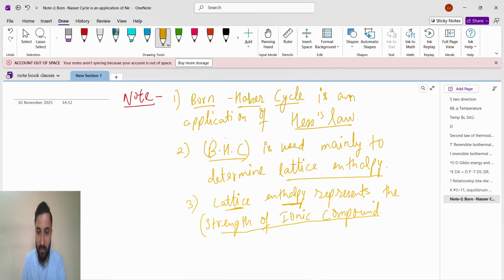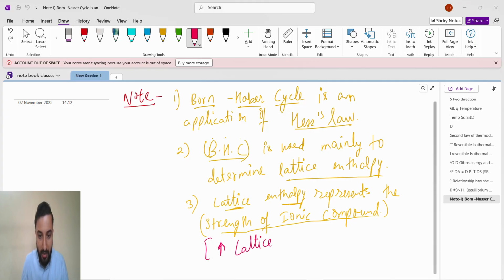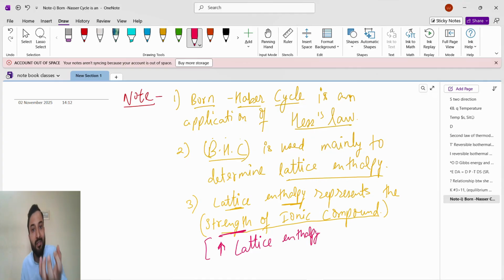It represents the strength of ionic compound, so what does this mean? Higher lattice enthalpy, higher strength. Strength means stability.